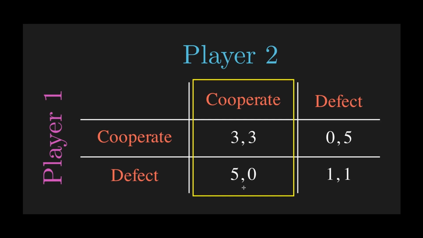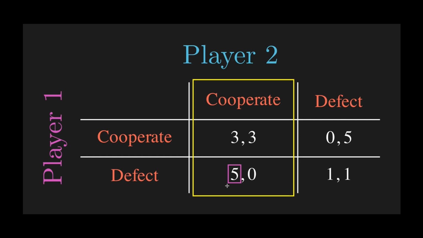So higher numbers representing higher preferences, player 1 should choose to defect. So if player 2 is choosing to cooperate, player 1 is choosing to defect. So we'll put a box around their payoff. We have pink representing the best response for player 1. And in this case, if player 2 chooses to cooperate, player 1 should defect.